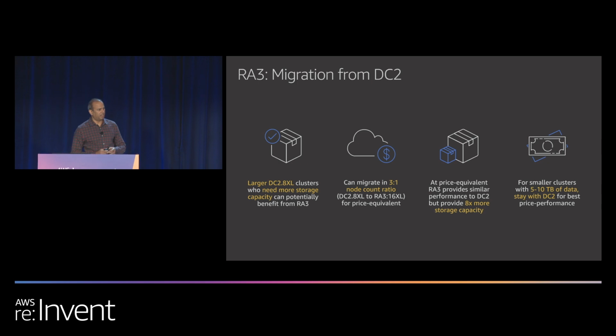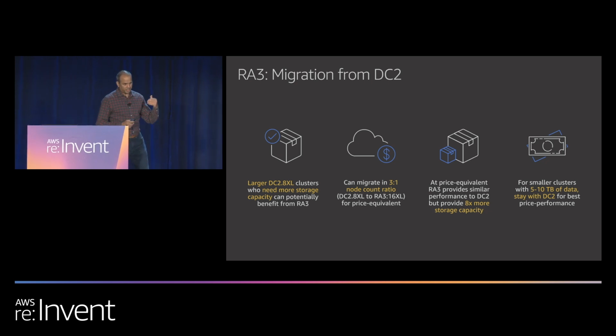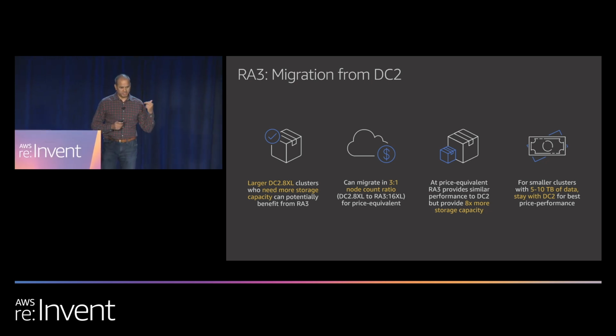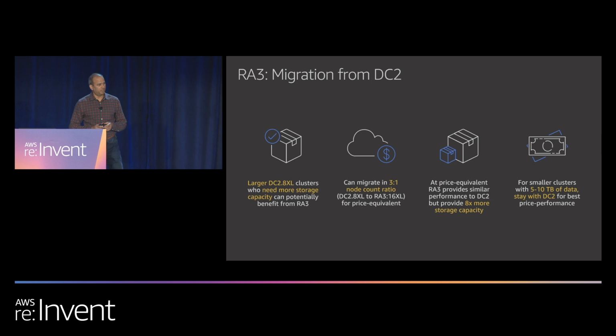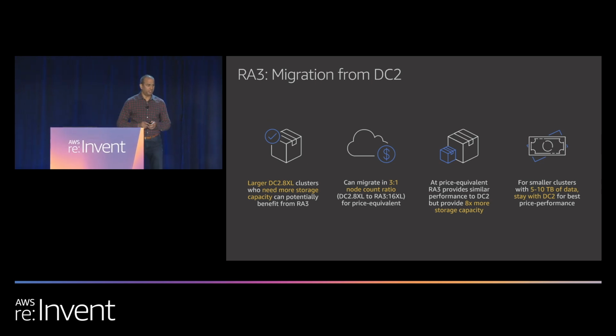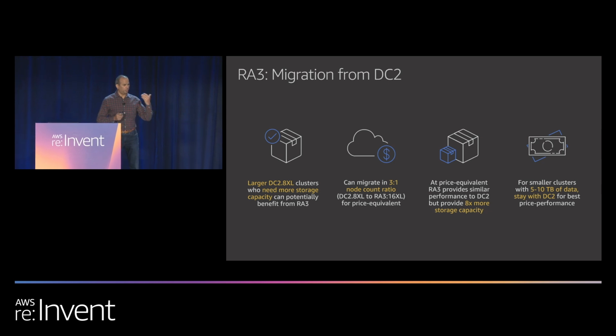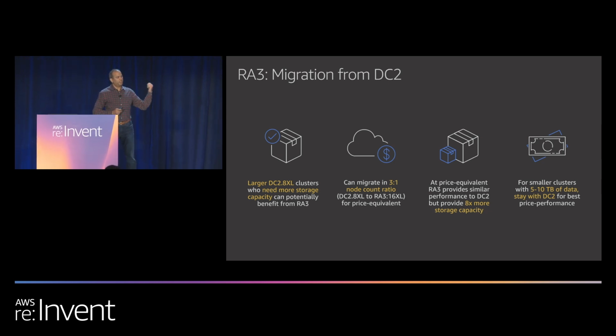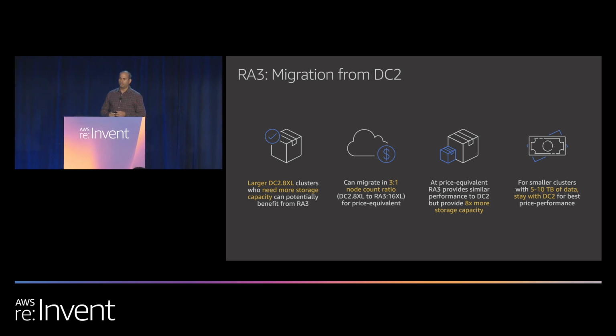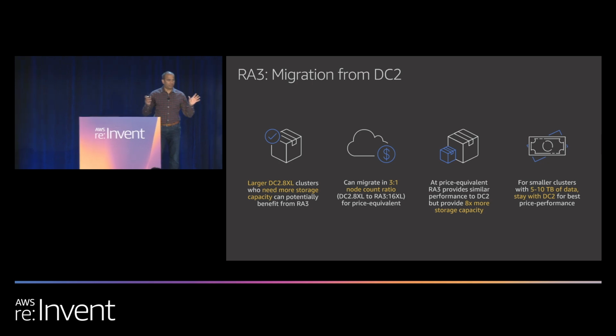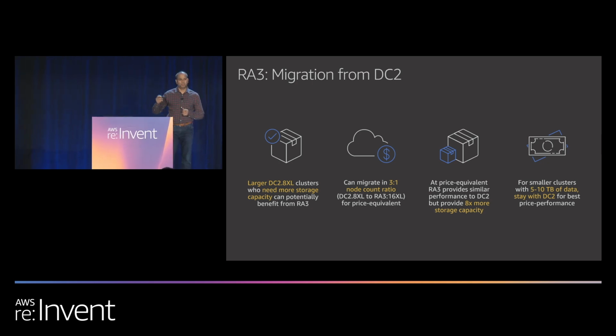But if you have one of the larger dense compute clusters, let's say DC2 8XL, similar to DS2, where I suggested a 2-to-1 node count ratio for price equivalence, for DC2 I would suggest a 3-to-1 node count ratio. So for 3 nodes of DC2 8XL, you can choose 1 node of RA3 16XL, and for the same price you will get 8x more storage.